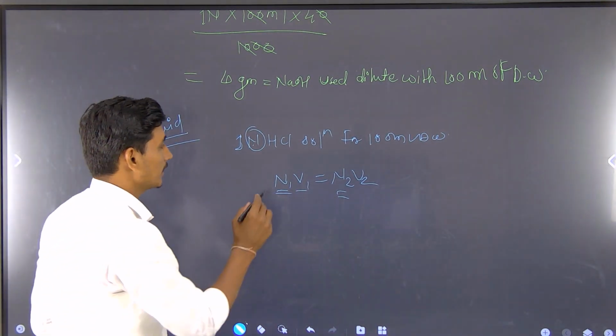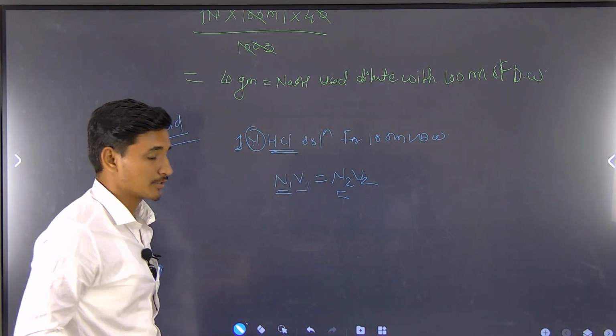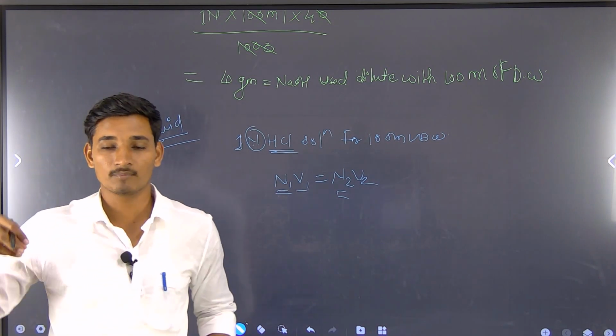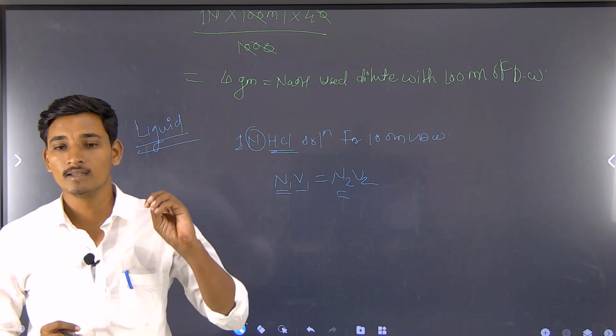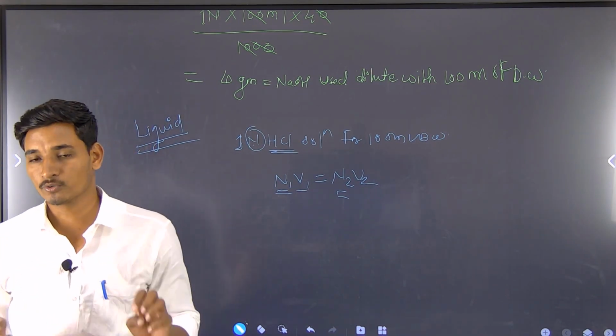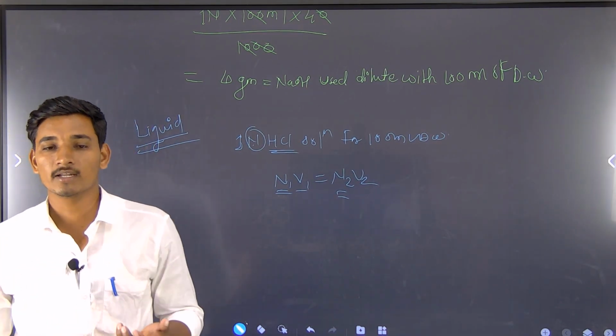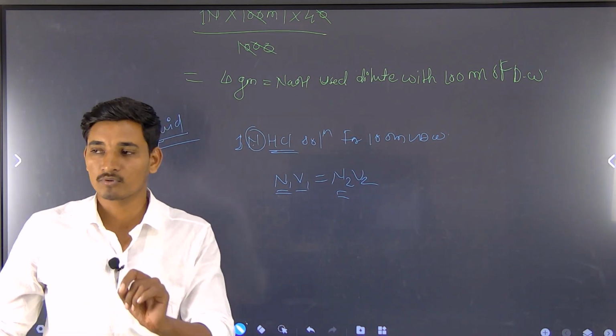HCl is actually a gaseous compound that can be purged into water and dissolved in the water solution. We get only about 30% HCl diluted in water, so the percentage purity of HCl is near about 30%.